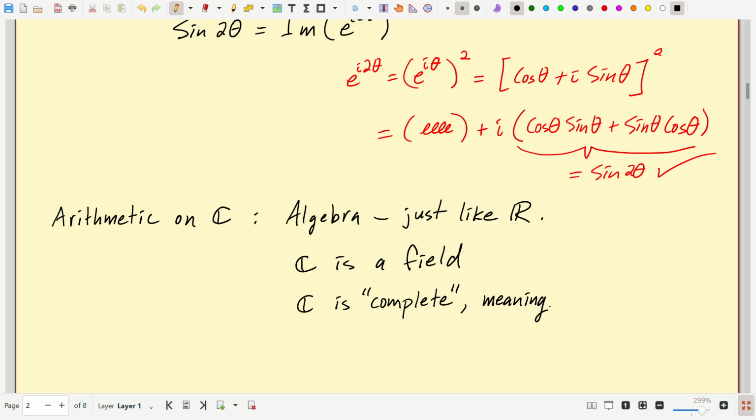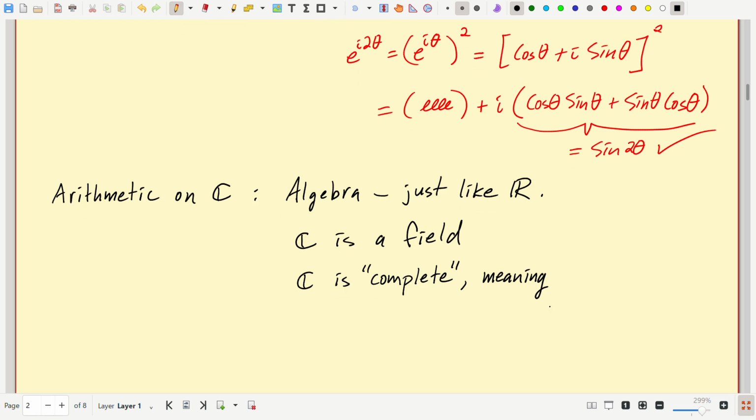It's also true for C. I'll talk more about limits in the complex setting soon, meaning I'll define what a Cauchy sequence is. Every Cauchy sequence in C has a limit. Or I should say converges to a limit.